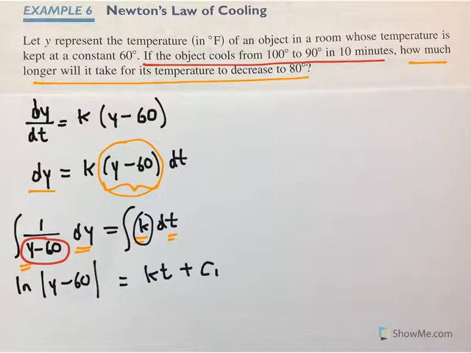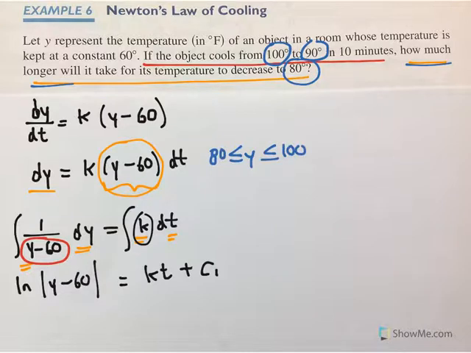Before we go any further, let's consider the range of temperatures we have in this problem. So we begin with an object whose temperature is 100 degrees Fahrenheit. 10 minutes later, its temperature is 90 degrees Fahrenheit. And after how much longer will the temperature be 80 degrees Fahrenheit? So we're using this differential equation for a range of temperatures from 80 degrees to 100 degrees.